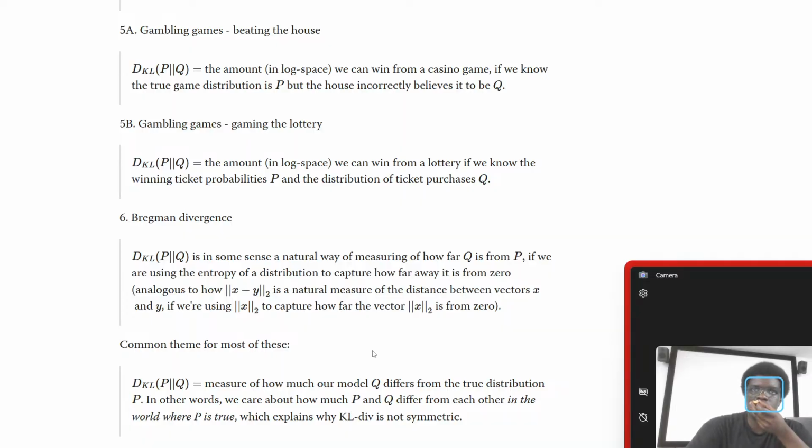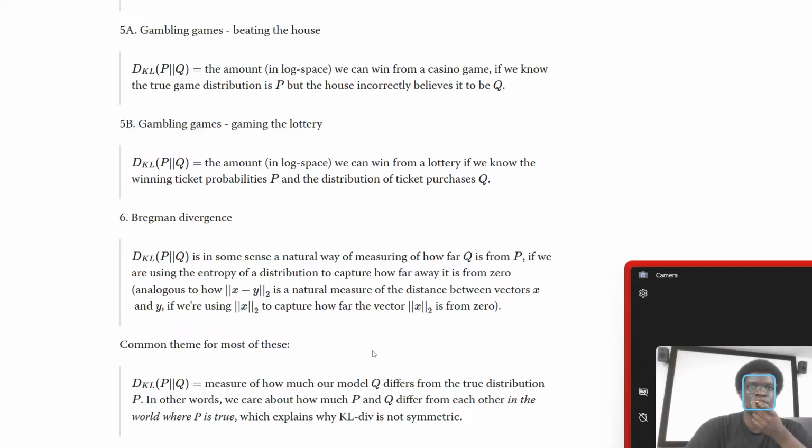Yeah, I guess if you look at it from an abstract point of view, there are 3 parameters here. You need to know P, you need to know Q, so you need 2 distributions and you need to identify which of them is the true distribution.